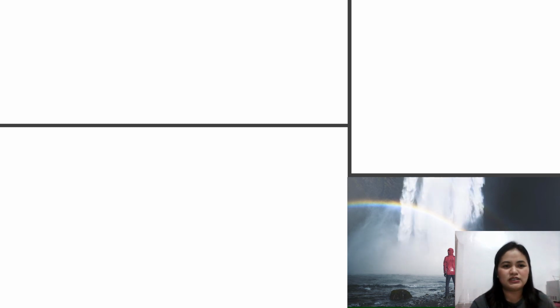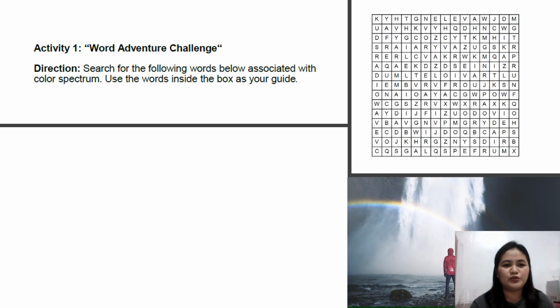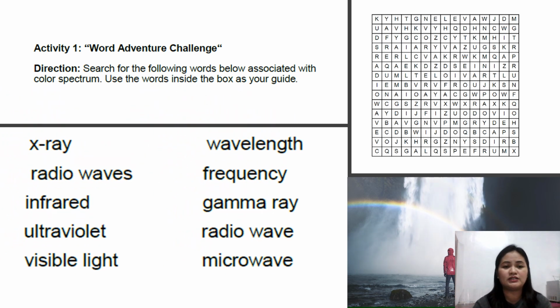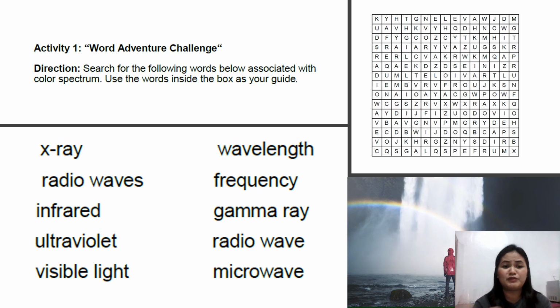What is next in this slide? You have now your Activity 1, Word Adventure Challenge. Very easy ito because you are provided with the list. Hanapin mo lang yung mga words na to dyan sa word search board. It could be vertical.